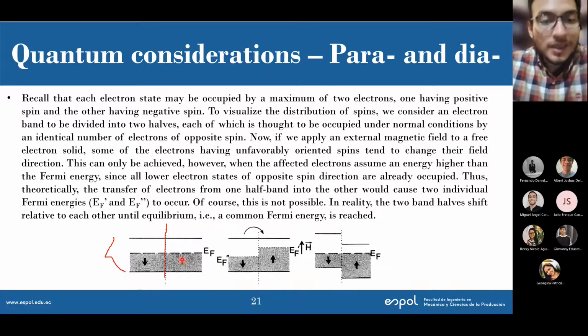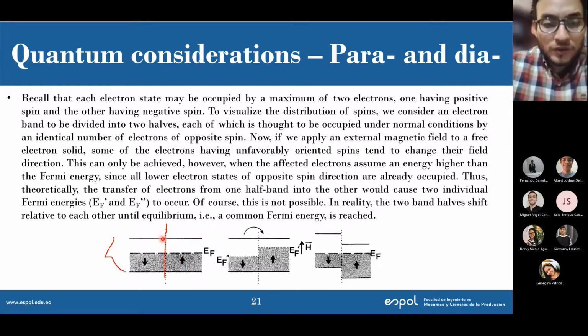Okay, let's just basically take that analogy of electron spins and use this. Well, that is under normal conditions. What happens if I apply an external magnetic field, especially to a solid that has free electrons?